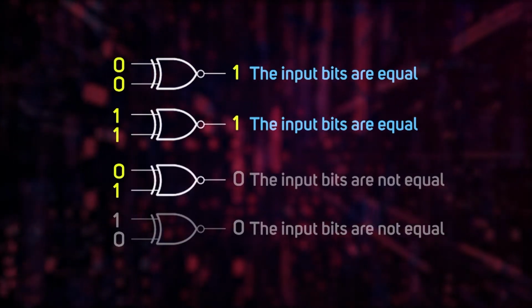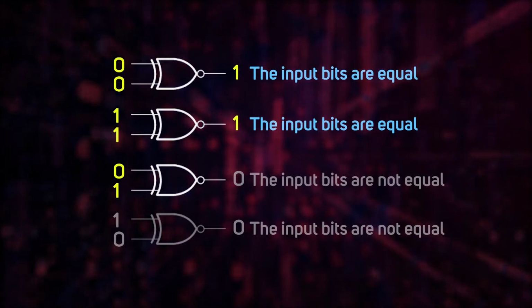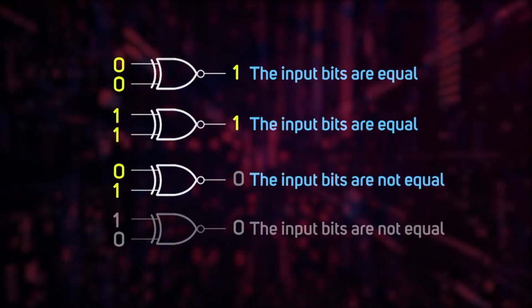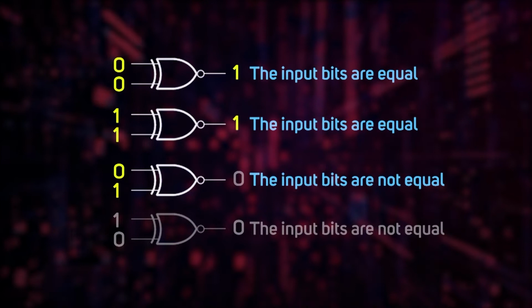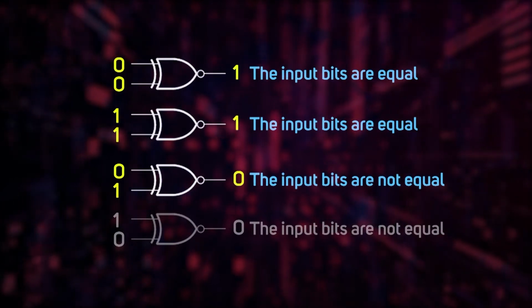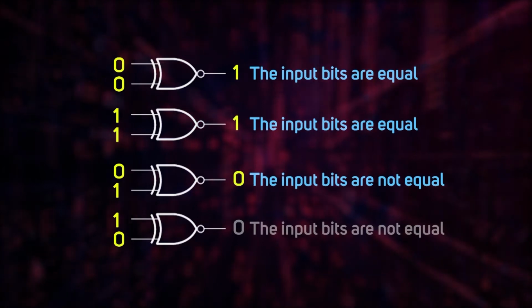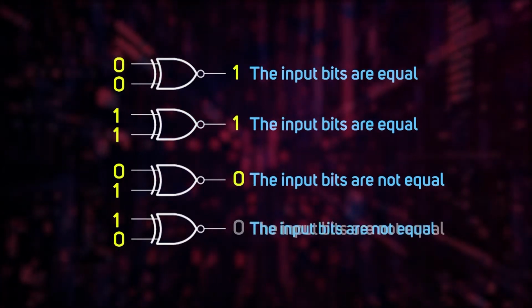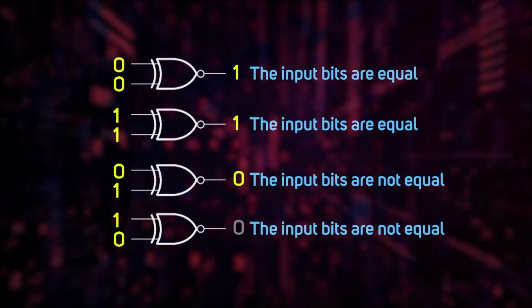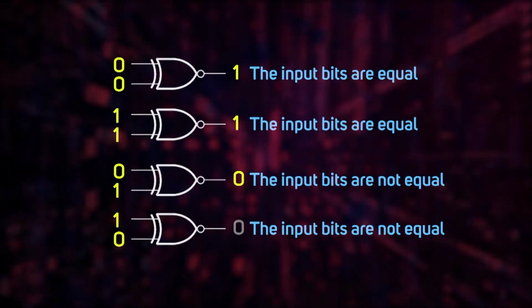When the inputs are 0 and 1, the inputs are not equal and the XNOR gate produces 0 in its output. Similarly, when the inputs are 1 and 0, the inputs are not equal and the XNOR gate produces 0 in its output. So, we can compare two numbers with single bits using an XNOR gate.